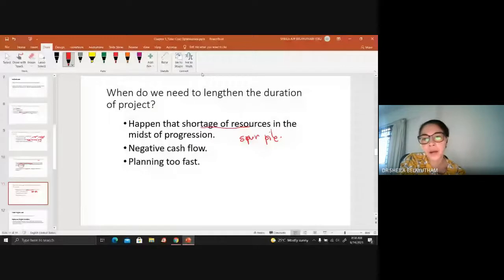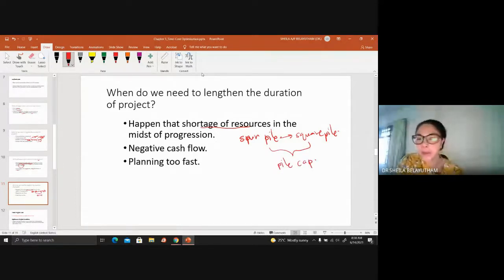Rather than using a spun pile, you may use just a square pile. It's just that spun pile is much more solid. And the way of processing the pile cap is slightly different, because at the end of the day, when you come up with this pile foundation, you need to have a pile cap.